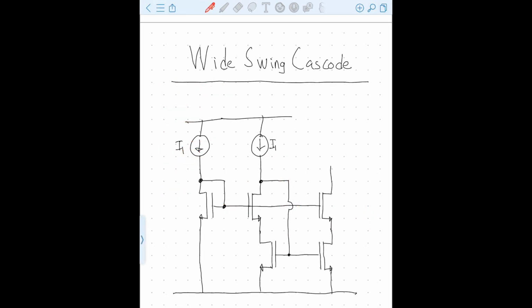The last design that I would like to talk about today is the wide swing cascode structure, which I've drawn below. I think this is another great example of a ratiometric design approach. As I mentioned, current mirrors are a great example of that in general. Now, as far as cascoding goes, it's entirely possible to not make the connection with this diode structure over here.